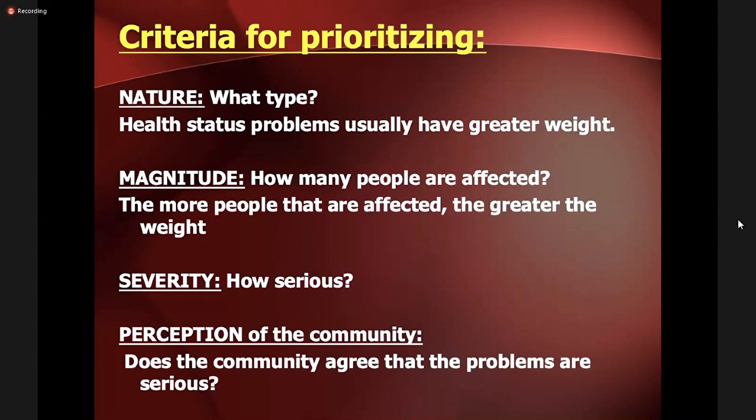You can look at it if your COVID-19 focus is on senior citizens or those with comorbidity, it is high. And then severity is how serious the problem is in terms of case fatality rate, like rabies, or how many people can die in this disease or health status.